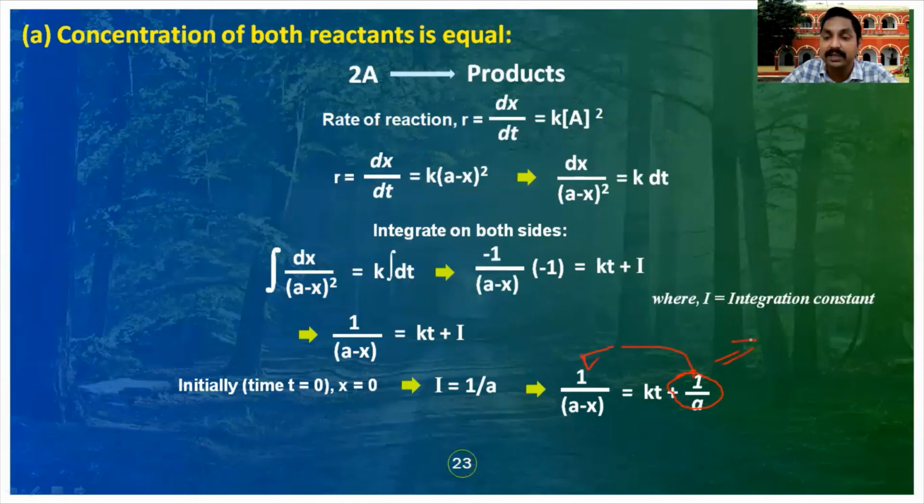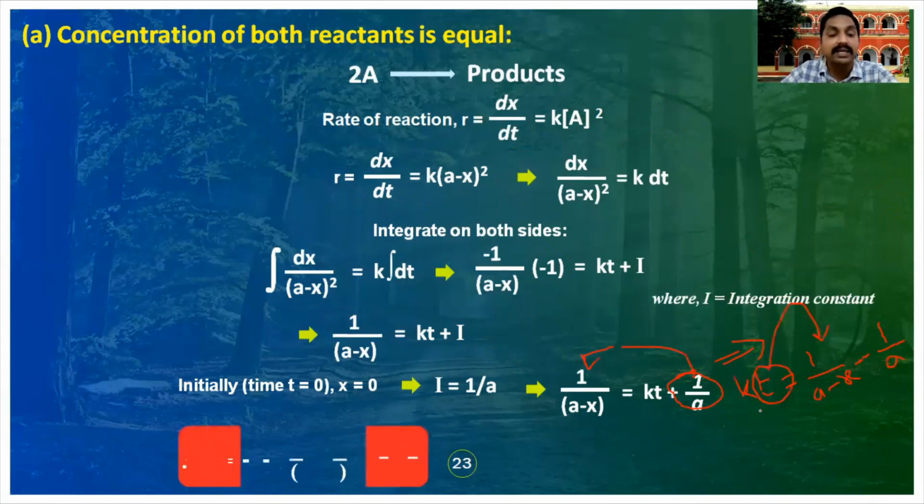That implies kt is equal to 1 by a minus x minus 1 by a. So this will be the expression for kt. Take this t to right hand side. So thus what we will get? k is equal to 1 by t into 1 by a minus x minus 1 by a.